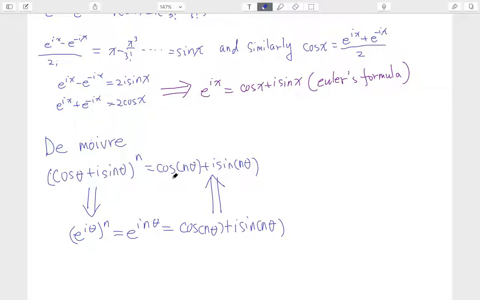Let's take cosine 2 theta, for example. So you know that n takes 2, and you just expand this formula explicitly. You see, it is just cosine theta squared plus something.